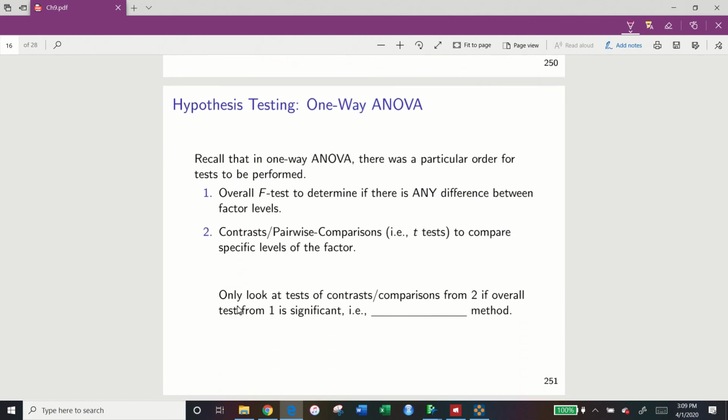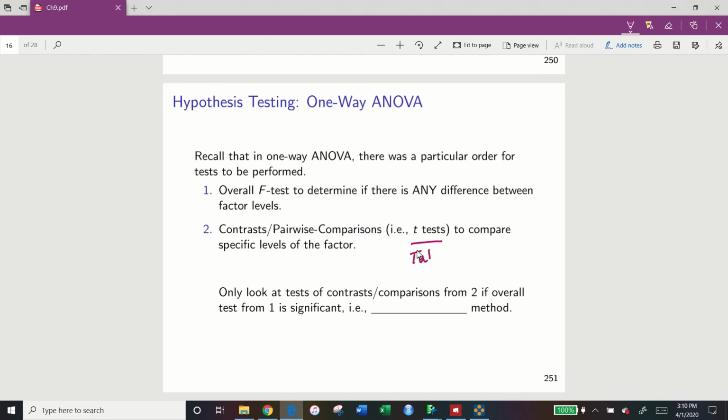For hypothesis testing of the one-way ANOVA model, we may recall that there was a particular order for the tests to be performed. First, we did the overall F-test to determine if there's any difference between our factor levels. If that was significant, then we did our contrast and pairwise comparisons, all those t-tests, to compare specific levels of the factor, using Tukey's test.